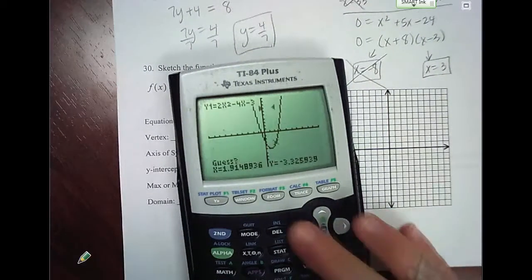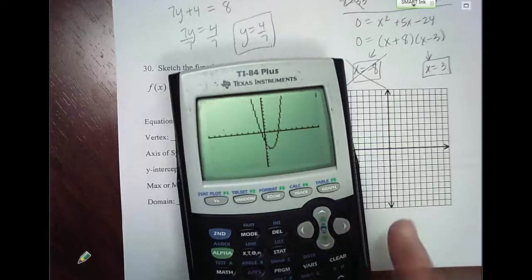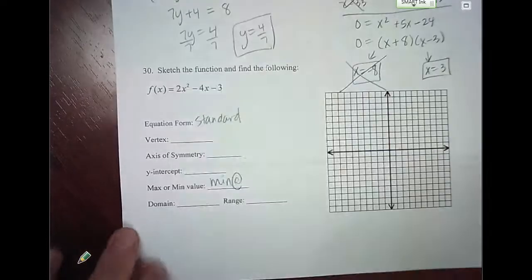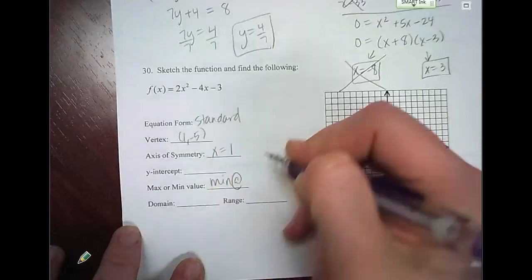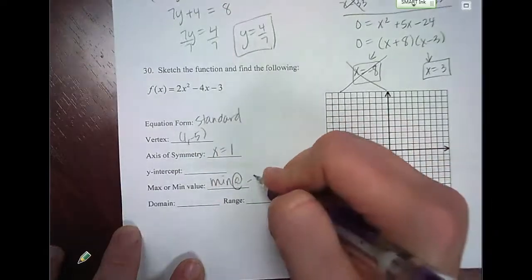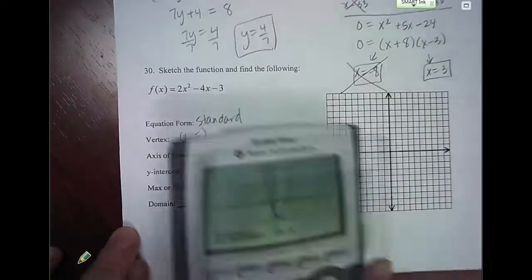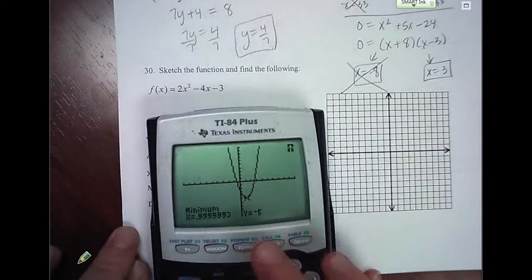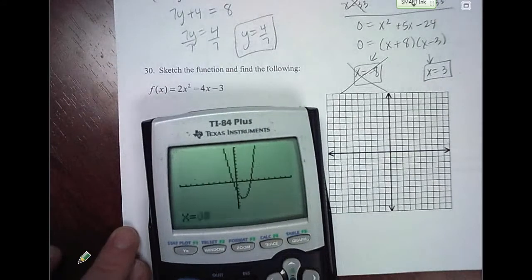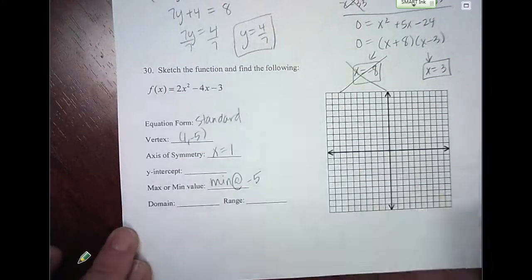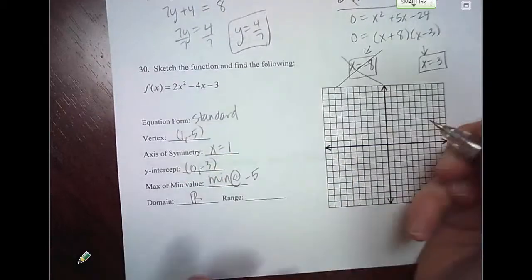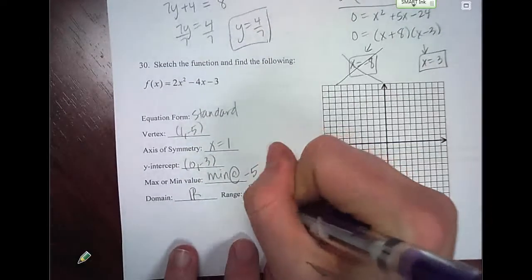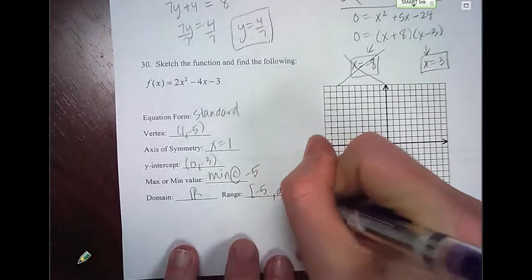A little bit to the right. And guess. So 1, -5 is the vertex. So the axis of symmetry is x equals 1. There's a minimum value at -5. The y-intercept, second trace value, put in 0. So 0, -3. Domain is all real numbers, and the range is the lowest y value up to the highest y value.